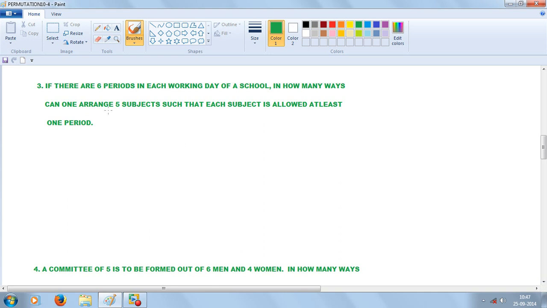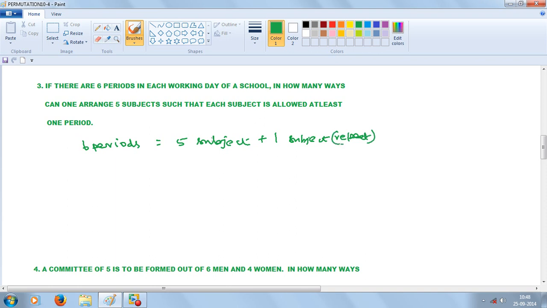Next problem. If there are 6 periods in each working day of a school, in how many ways can one arrange 5 subjects such that each subject is allowed at least 1 period? Whatever the subject in the extra period is doesn't matter. So out of 6 periods, the 5 subjects plus 1 subject is repeated.